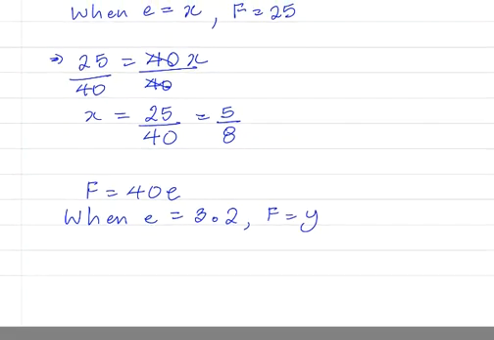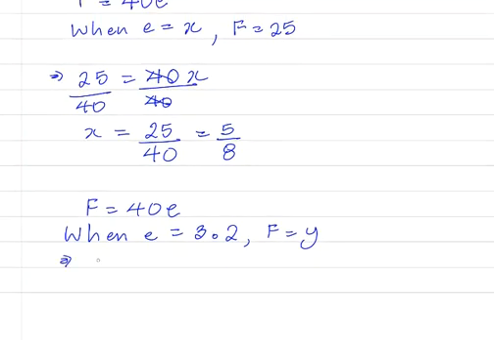So therefore, y is equal to 40 times 3.2. y is equal to 128. So the value of x is 5 over 8 and y is equal to 128.